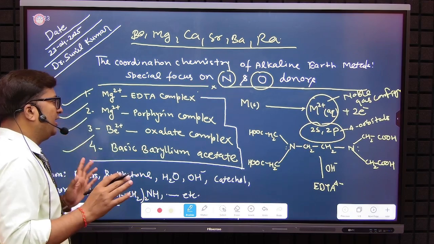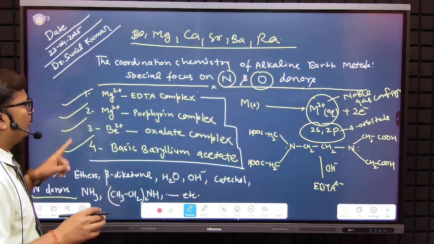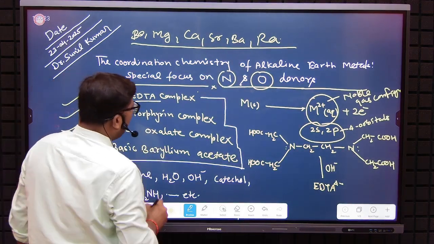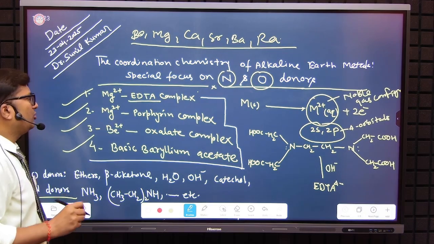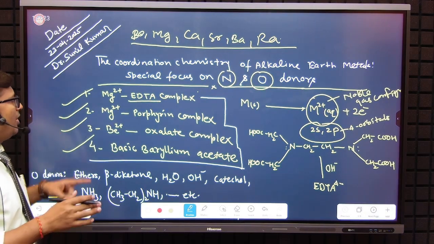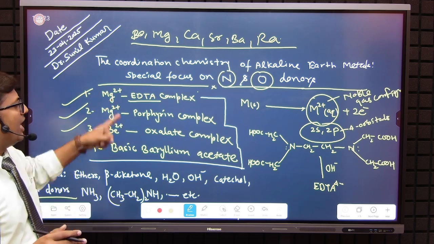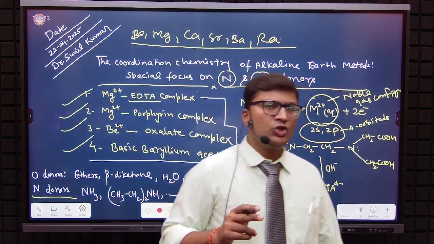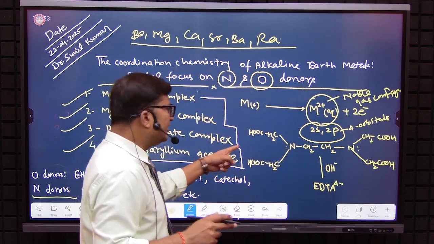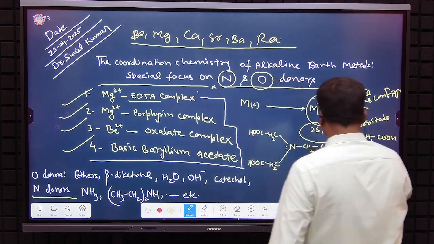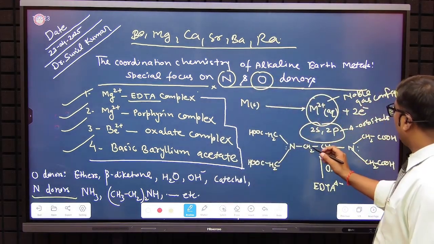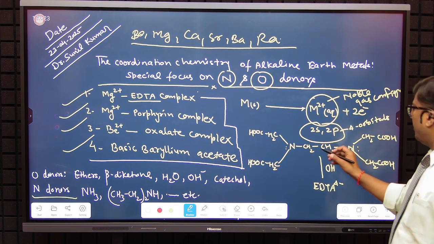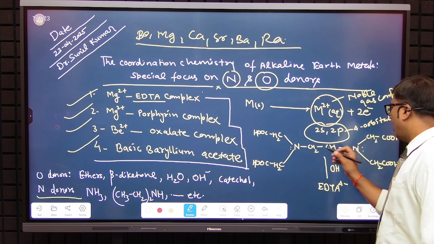What happens here, actually, once we talk about EDTA, this is the EDTA, the full form of ethylene diamine tetraacetic acid. Okay, so this is the structure of EDTA, which contains two nitrogen atoms, right? They are bonded between two carbon hydrocarbons.